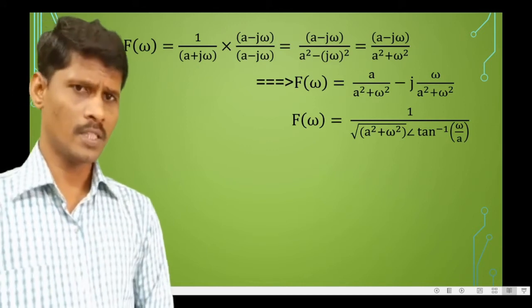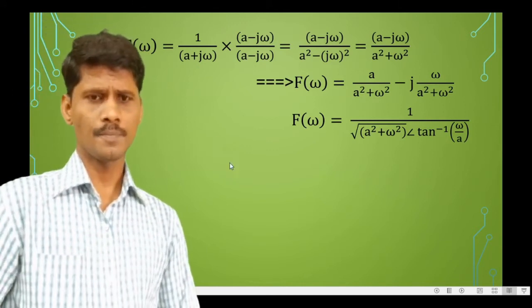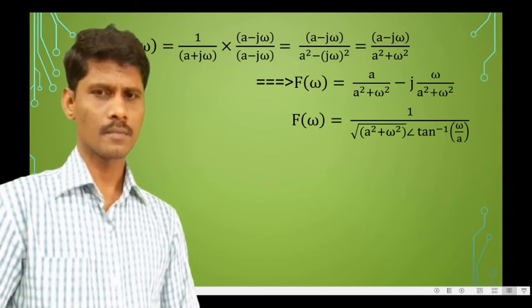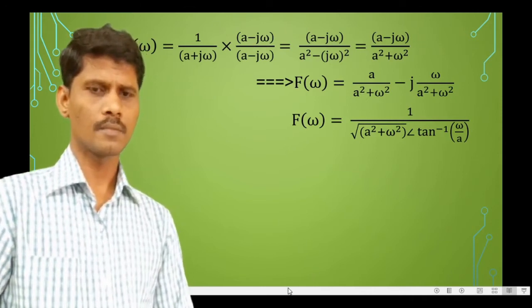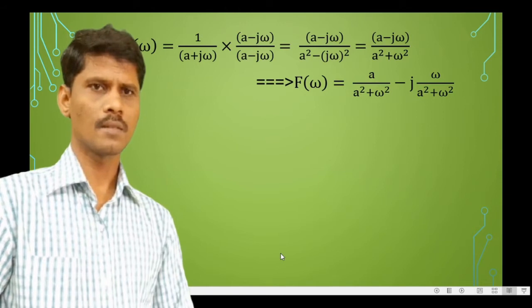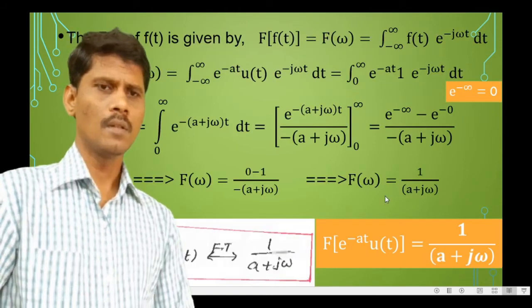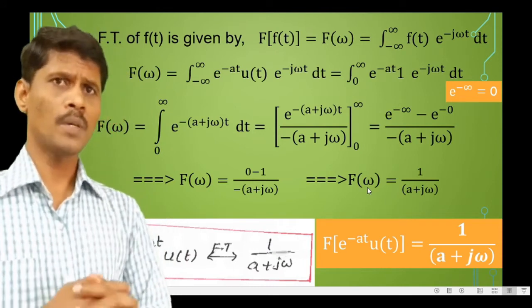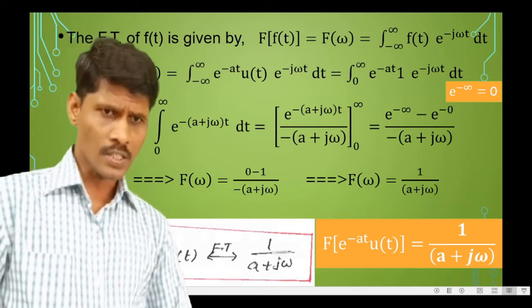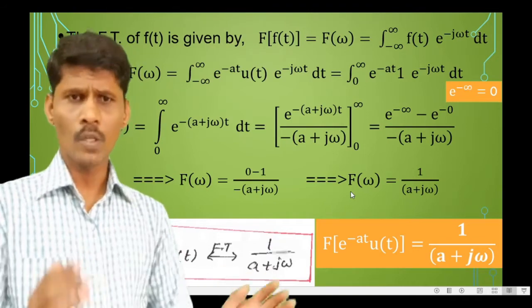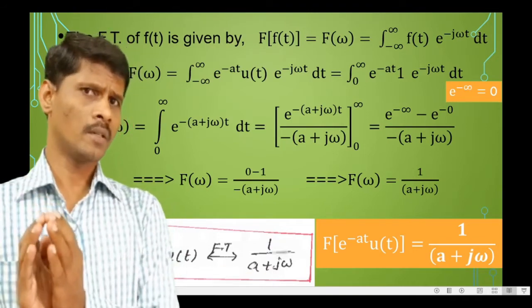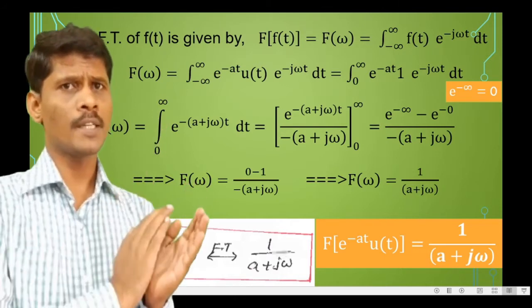And the second one is this, and this is f of omega value 1 by a plus j omega. So in this equation, taking magnitude on both sides, the LHS term is magnitude of f of omega and the RHS term is numerator by denominator.